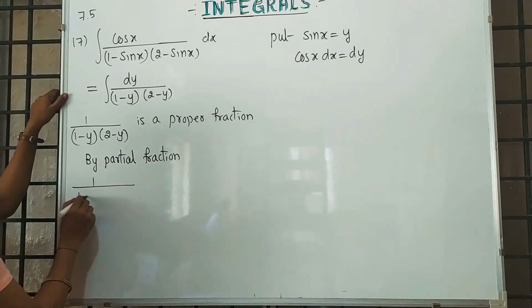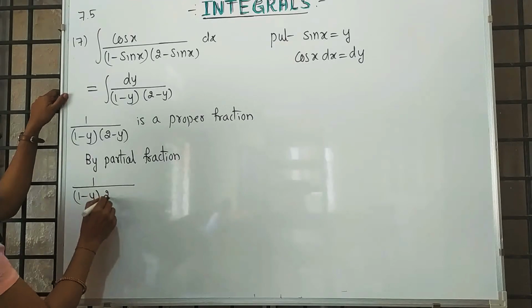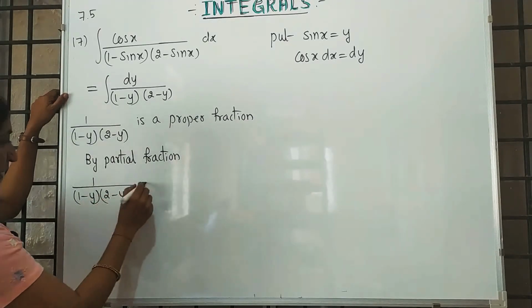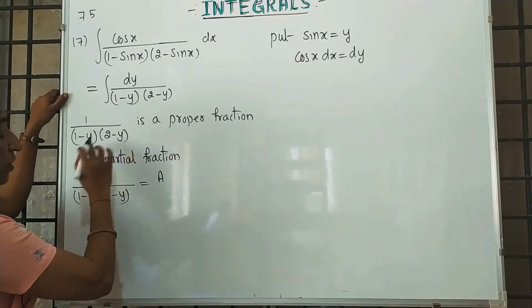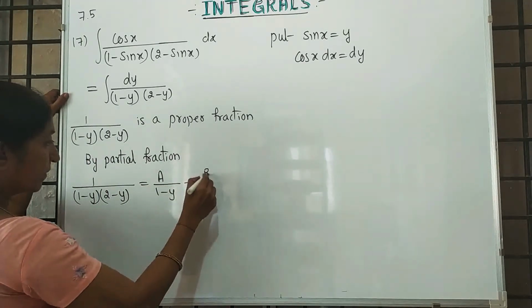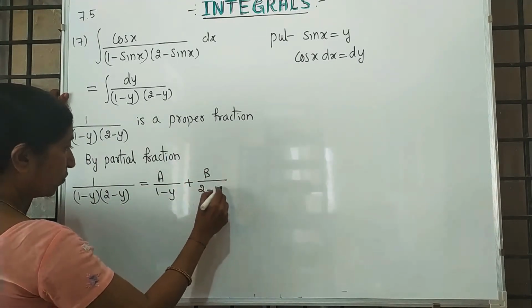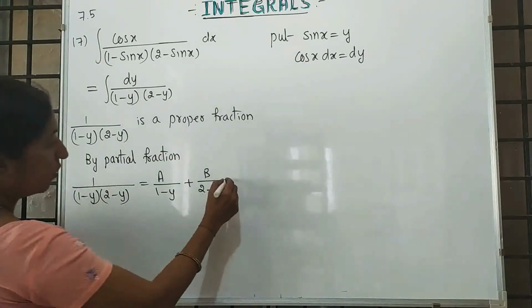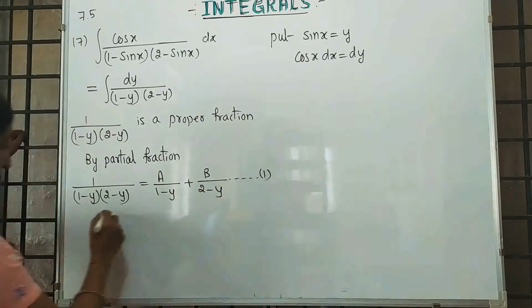1 upon 1 minus y into 2 minus y will be written as a upon 1 minus y plus b upon 2 minus y, two different linear factors. Let us call this equation 1.